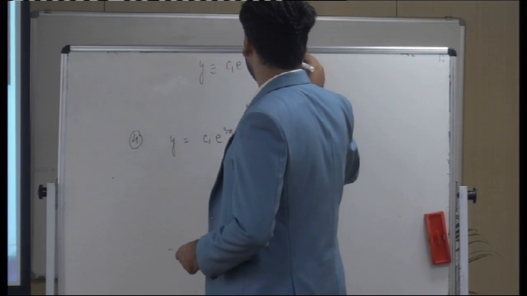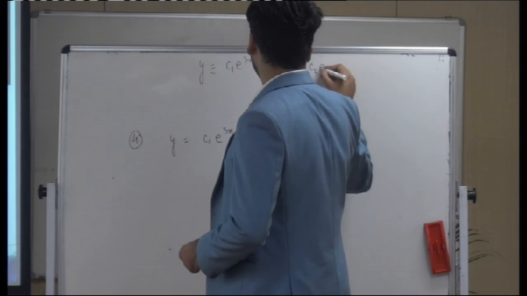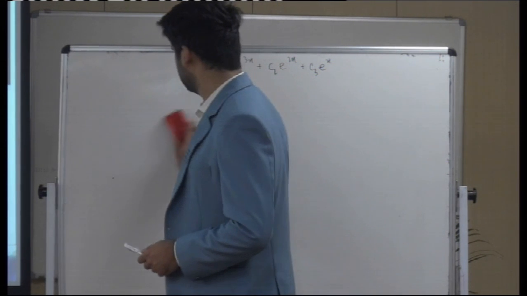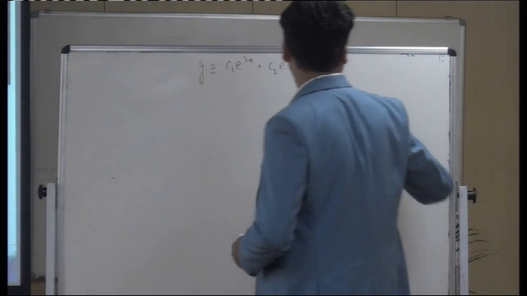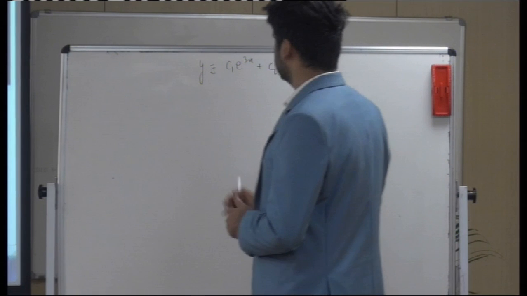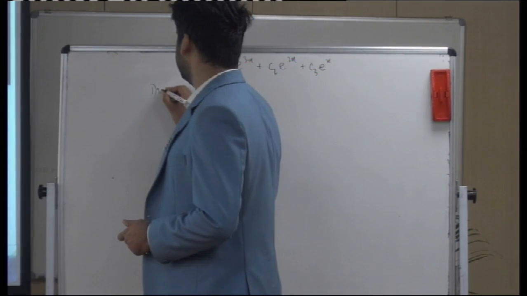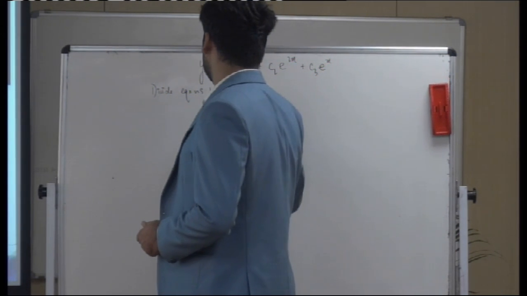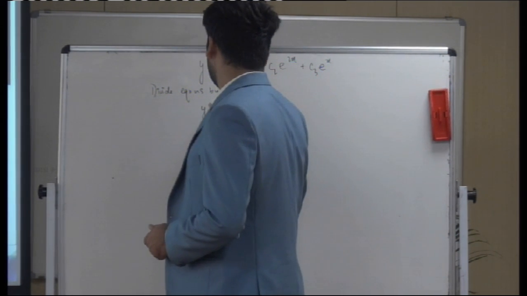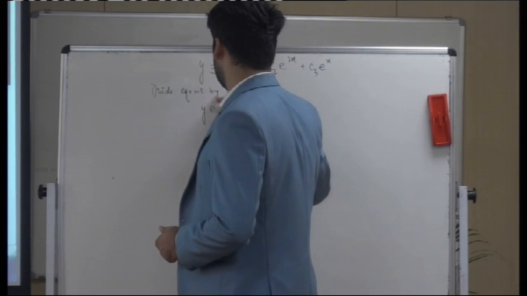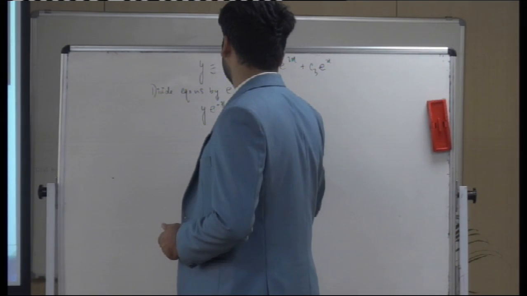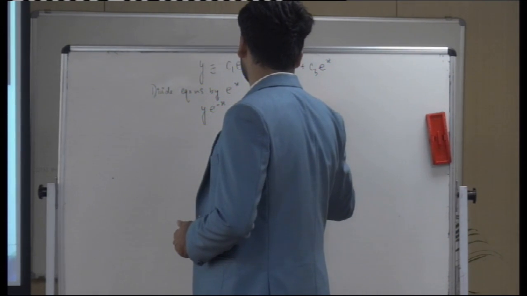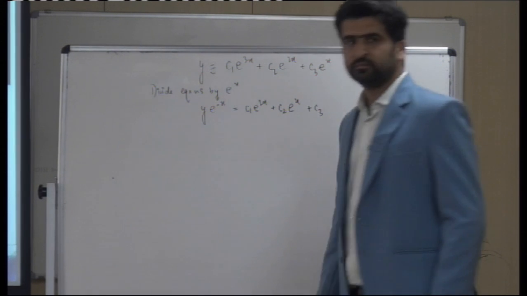C2 e to the power 2x plus C3 e to the power x. So divide the equation by e to the power x. We get y e to the power minus x, right.